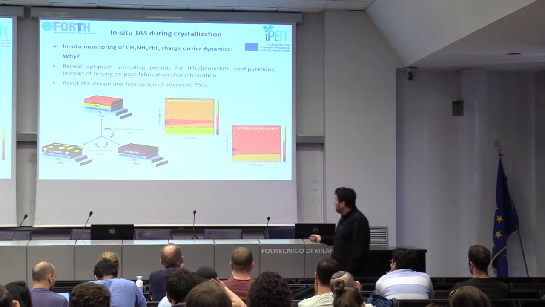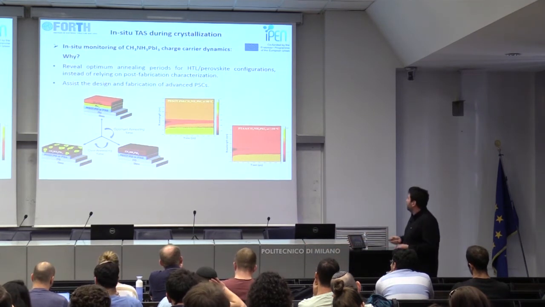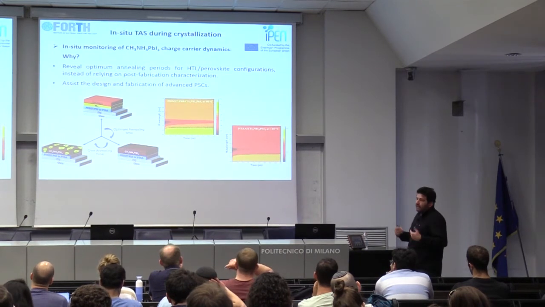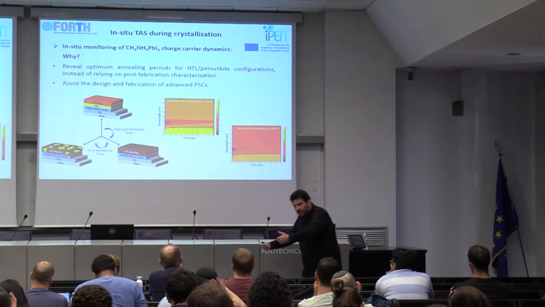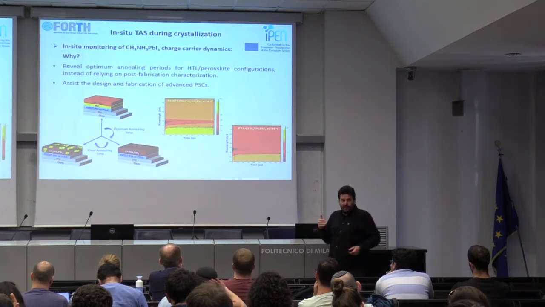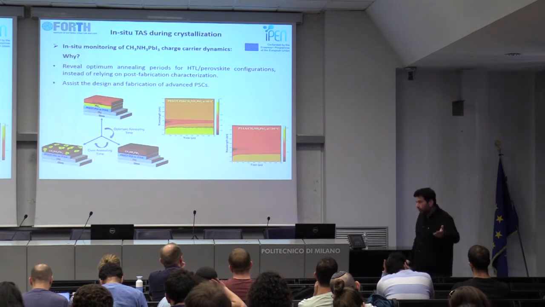Because up to now, in order to reveal optimum annealing periods for the perovskite configurations, people rely on post-fabrication characterization, which means that you make the device first, and then you go on and measure the power conversion efficiency.